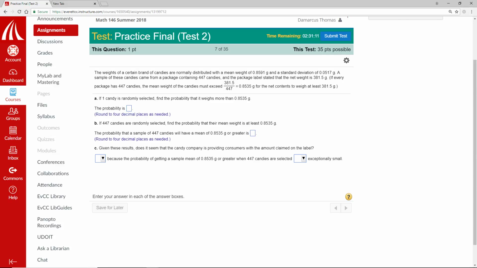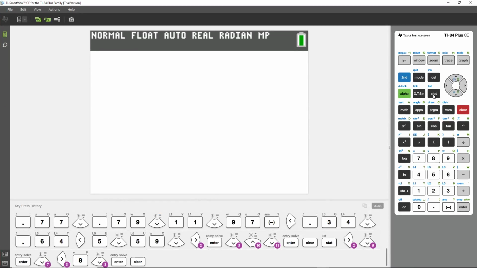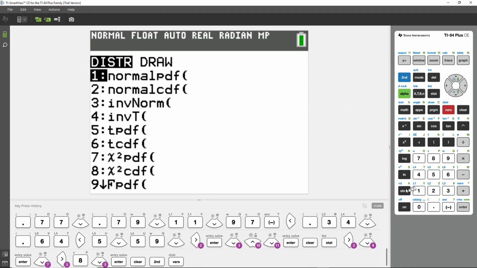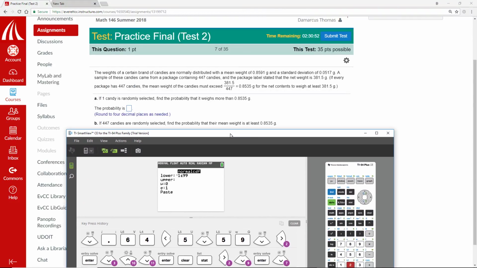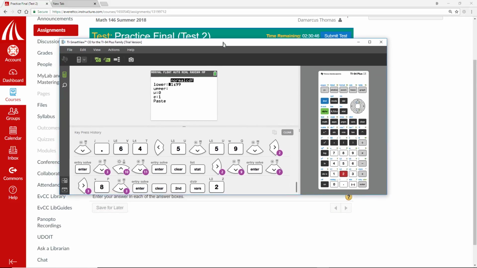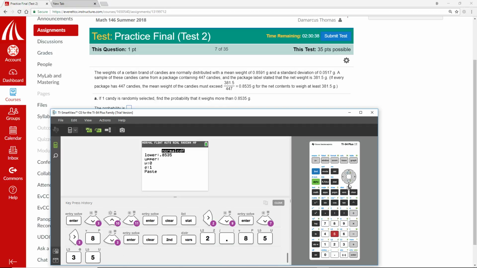All right. So what we'll do, this comes from chapter 6. What we'll do is go into 2nd, Distribution, and we're going to be using normal CDF here. And our lower bound is going to be, because we want to know the probability that weights are from 0.8535 on up, my lower bound is going to be 0.8535, and my upper bound is going to be all the way maxed out, so a very large number.